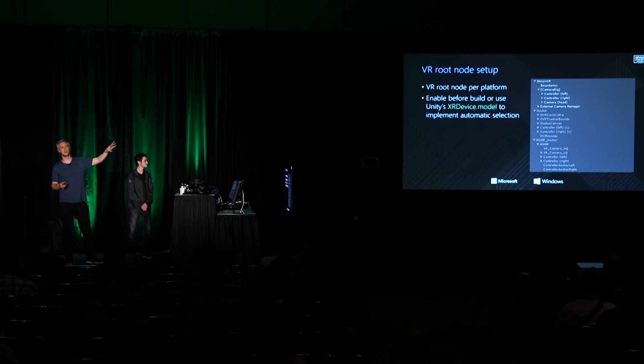They all use a camera and a controller, and underneath the controller we have a prefab for the weapons. Based on the model or the type of system, the platform that you're using, we just enable the right one. So you can use XRDevice.model from Unity's documentation to get what model you're using. That's super important and very easy to use.